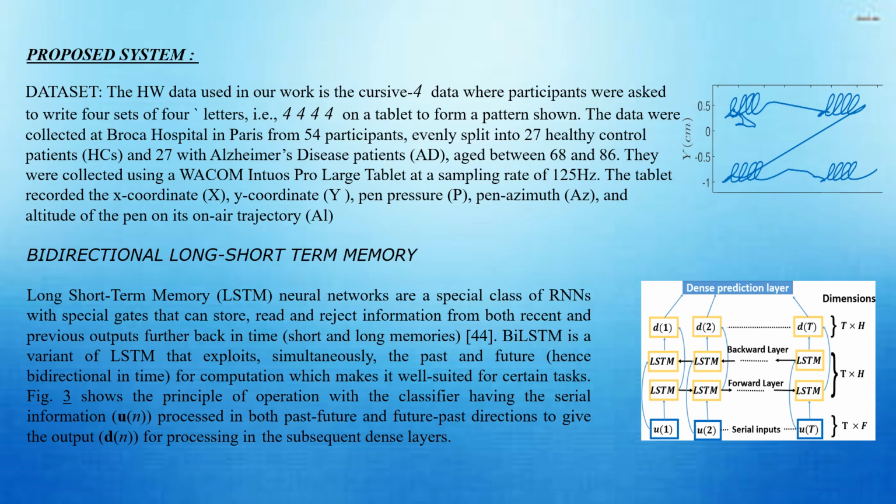BiLSTM is a variant of LSTM that exploits the past and the future simultaneously, hence bidirectional in time, for computation, which makes it well suited for certain tasks, as shown in the figure at the bottom right. The principle of operation with classification having serial information proceeds in both past-to-future and future-to-past directions to give the output for processing by the subsequent dense layers.